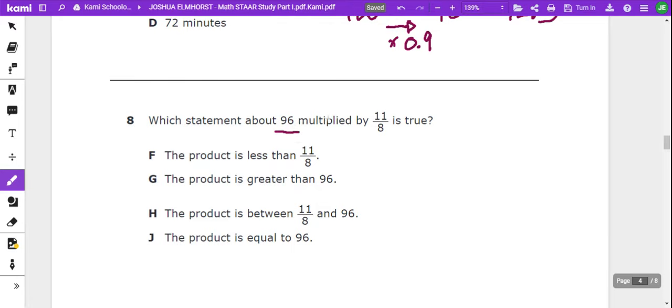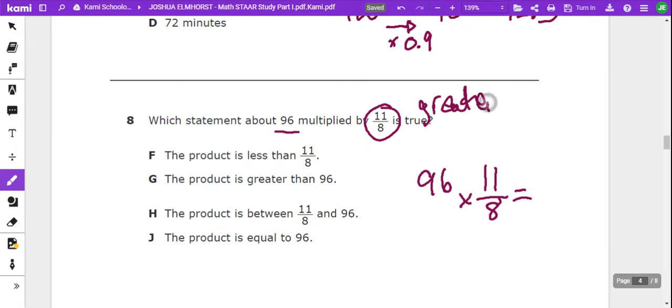Which statement says 96 multiplied by 11 eighths is true? We have 96 times 11/8. So there's a concept behind this one. 11 eighths is greater than 1.